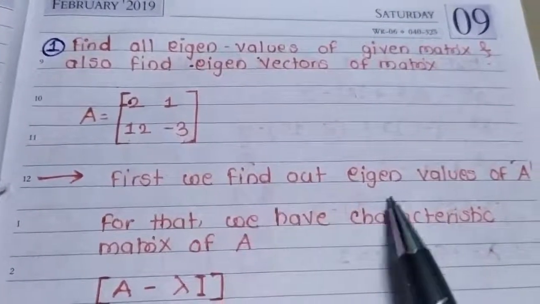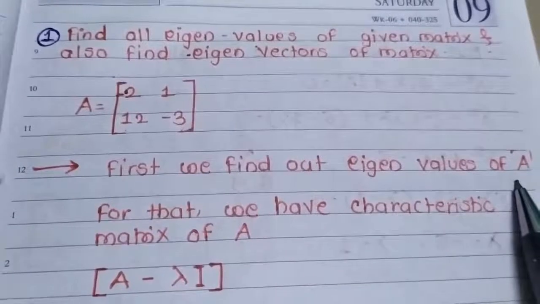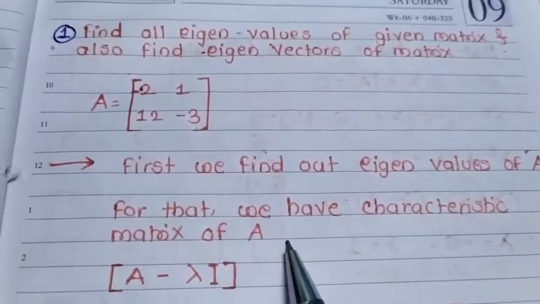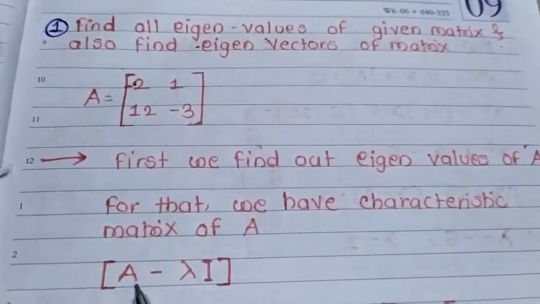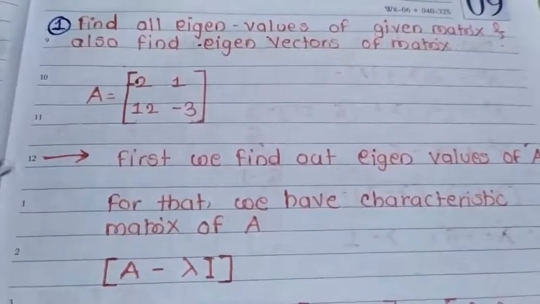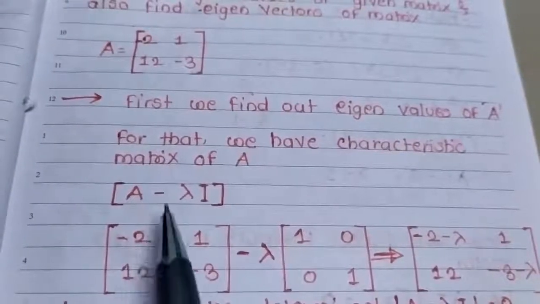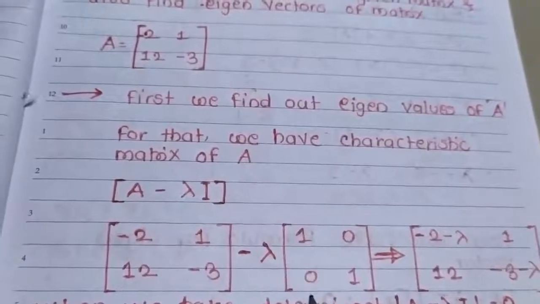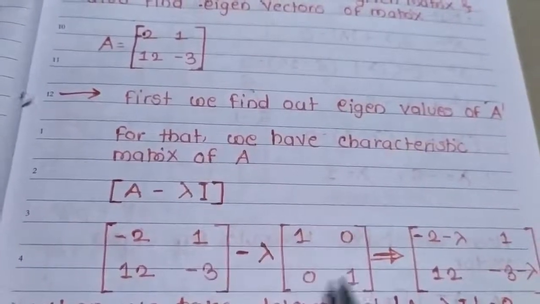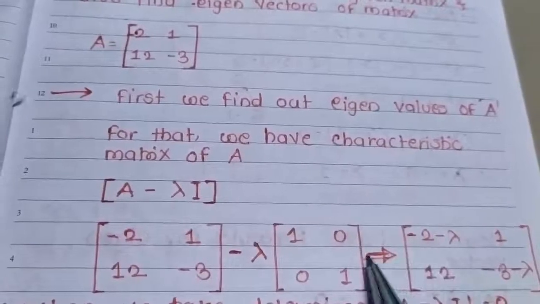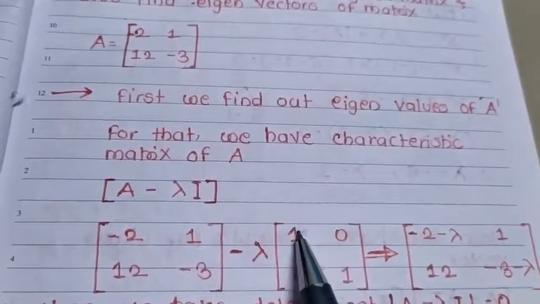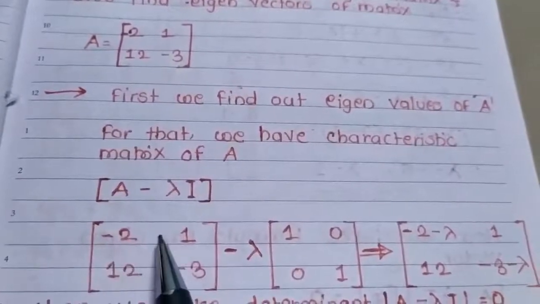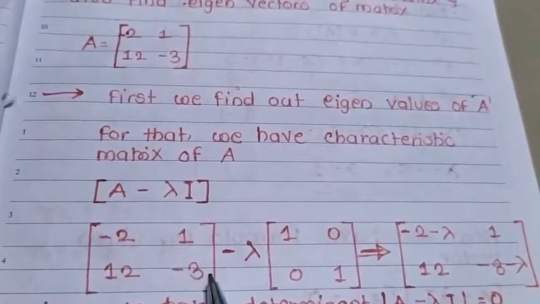First we have to find the eigenvalues of A. For that we take the characteristic matrix of A, A minus λI: the given matrix minus λ into the identity matrix. Then it converts to minus 2 minus λ and minus 3 minus λ on the diagonal.